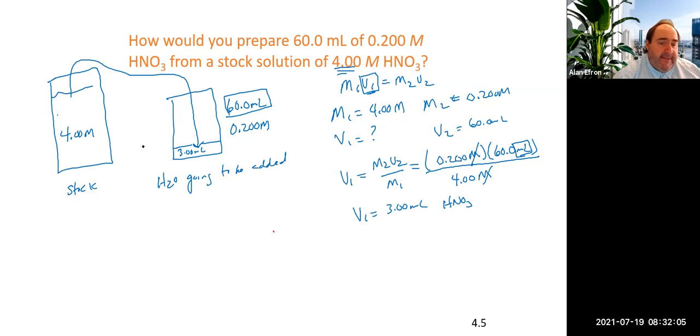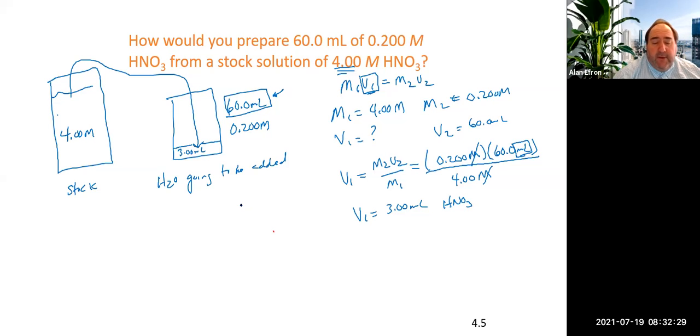Should I add 60 milliliters of water to the solution? It's a very common thing that people will do. The answer is no, you should not do that, because if you added 60 milliliters of water, plus the 3 milliliters you already put in there, would give you a grand total of 63 milliliters instead of 60.